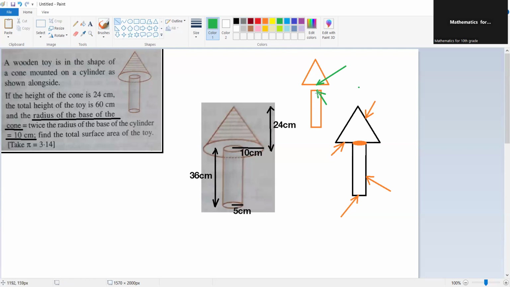So two times the flat surface area of the cylinder have to be omitted. So if you can imagine that way, we need to calculate the total surface area of the cone plus total surface area of the cylinder minus 2 times the surface area of this shaded region.